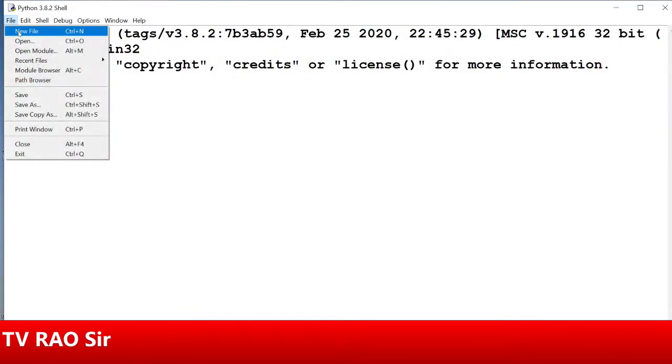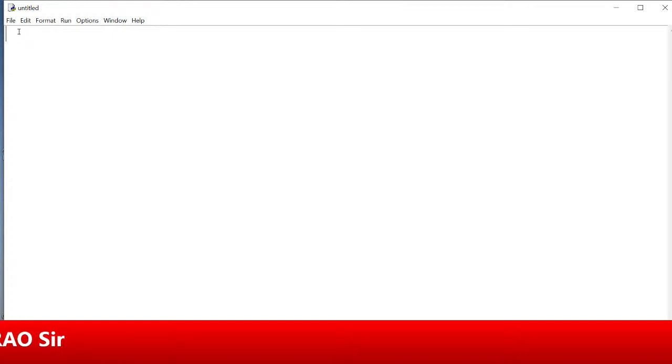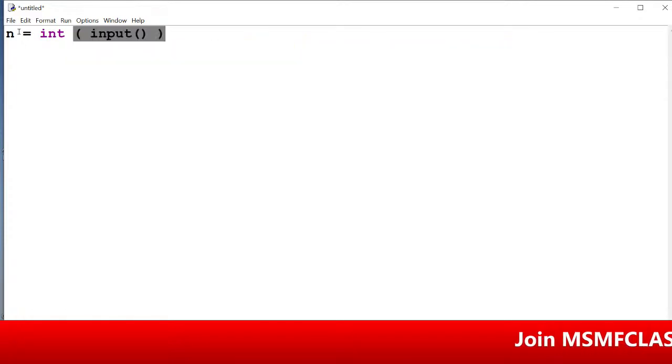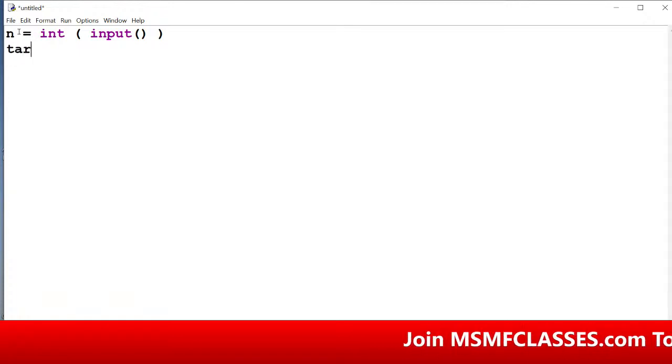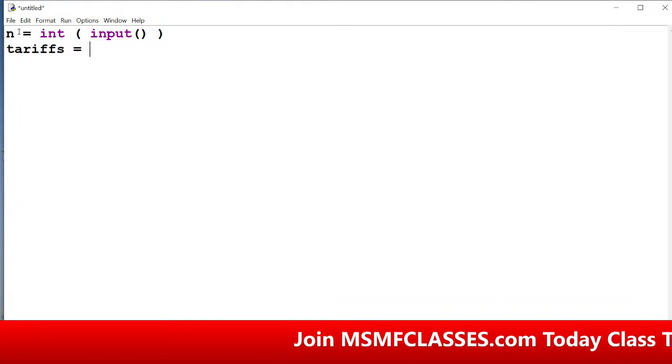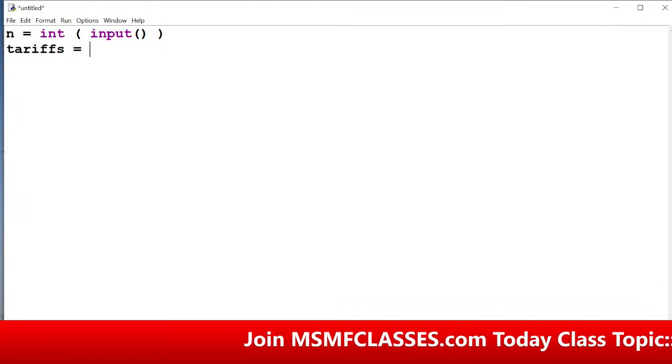The first input, number of rooms. Second input is tariffs. Okay.